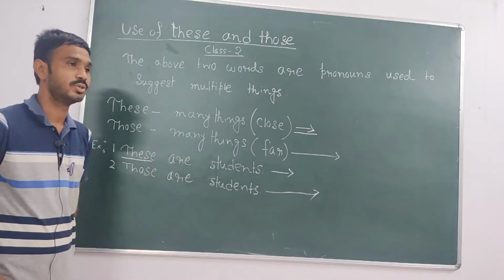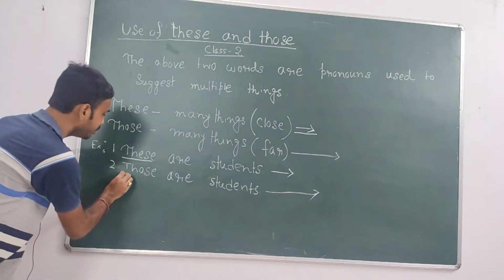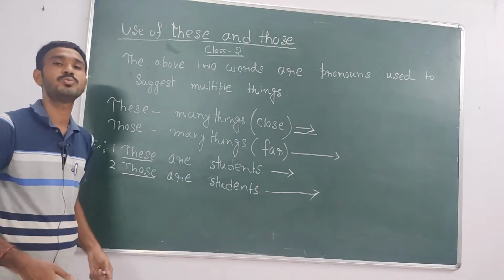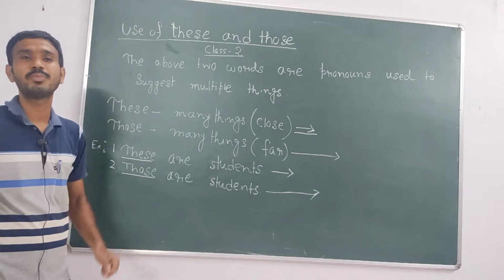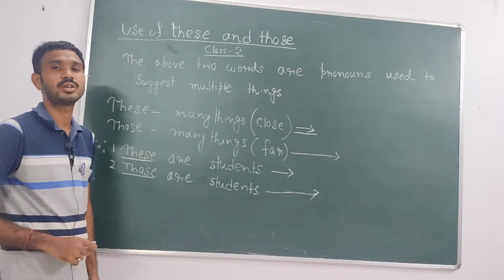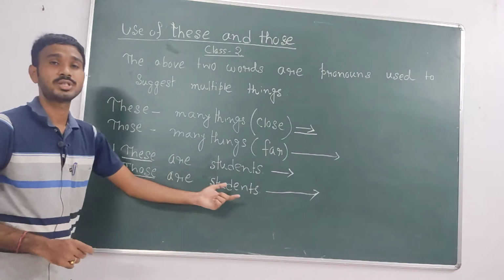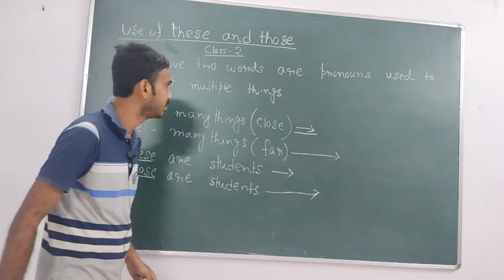In the following sentence, those is used to suggest the same group or another group of students who are away from the teacher's room, perhaps playing in the playground or the basketball ground. If we are going to point out those students, we can use the word those to suggest students who are far away from us.